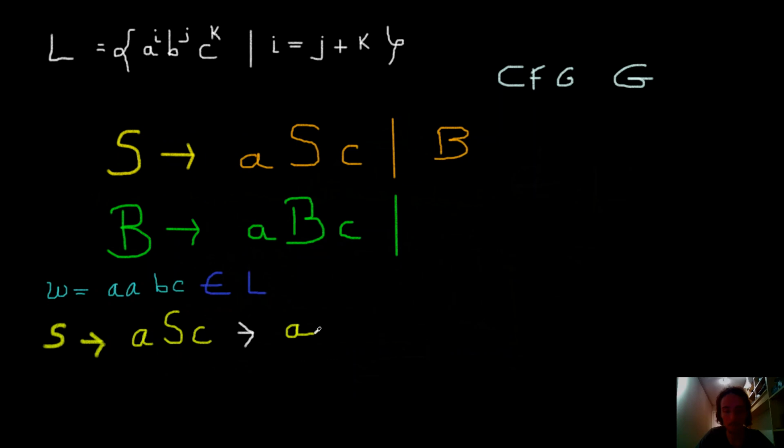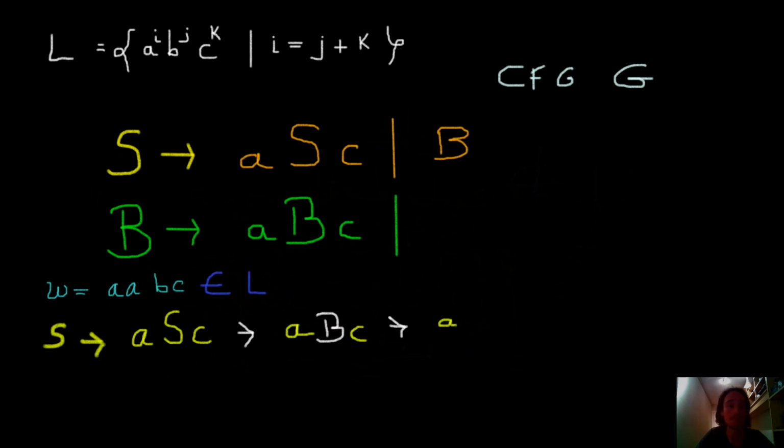A, B, C. So I just substitute from S, I go to B. So I have this B. And then what do we do? Well, we just generate the A and the B with this production. So I have the A that I had before. Then I substitute B with this.